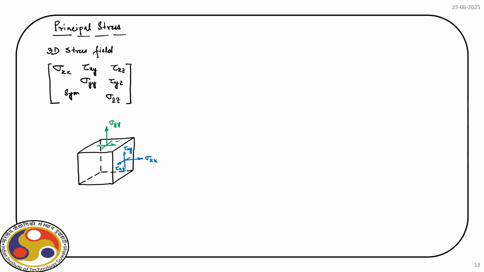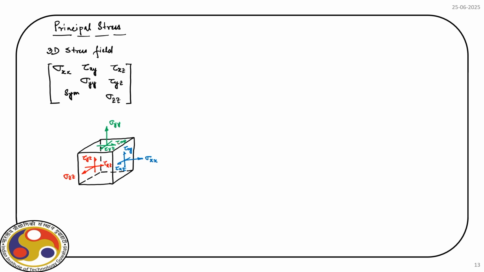So, this is tau xy and tau yz, and on this plane we have sigma zz, then tau yz, tau xz.